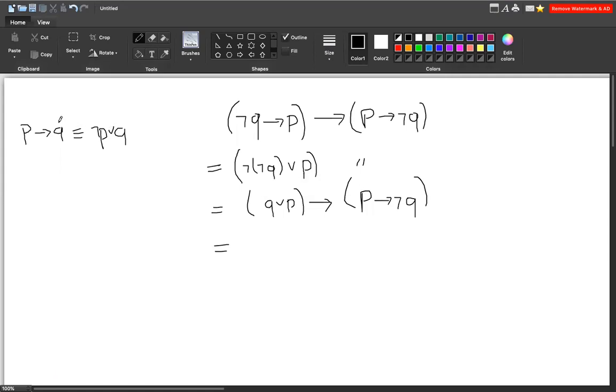It's going to be the same on the left hand side, and here we will say negation of P or negation of Q.